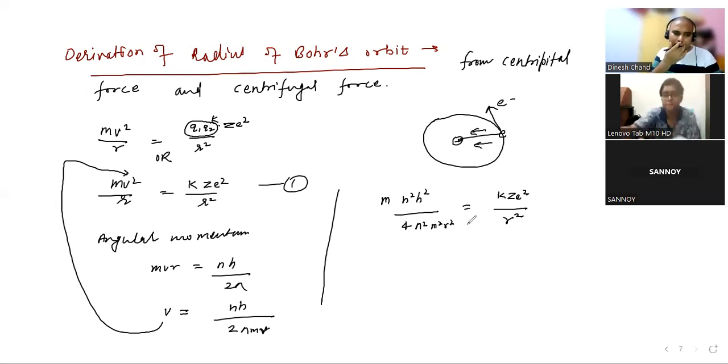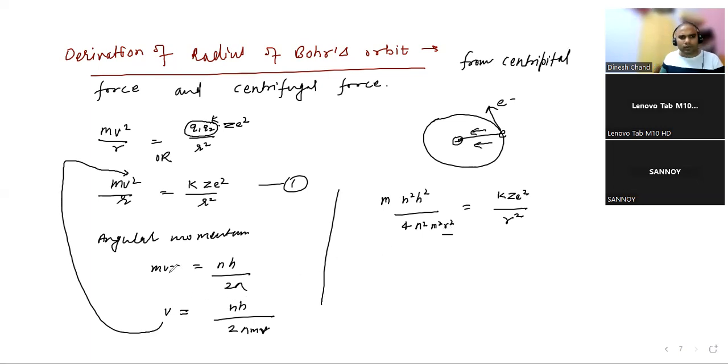Here actually the problem is that r square is coming on both sides. Sir, then we can cancel that one. But if you cancel it, how can you calculate the radius? Sir, we are having the problem with the radius only. There is some mistake, or might be we have not done it properly. No, there are no mistakes.